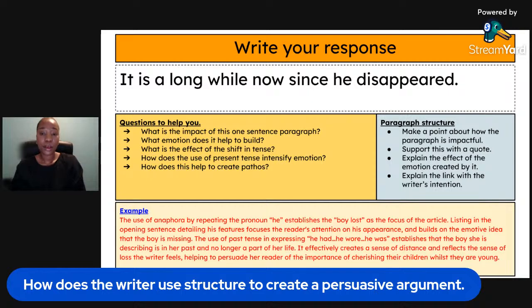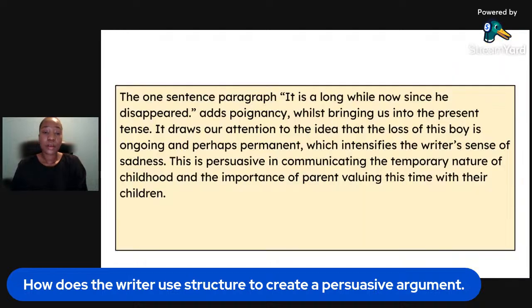We'll have a look. I'll show you what you may have been able to write. Okay, so this one sentence paragraph, it is a long while now since he disappeared, adds poignancy. Okay, so this poignant, again, meaning a sense of sadness and regret, whilst bringing us into the present tense.